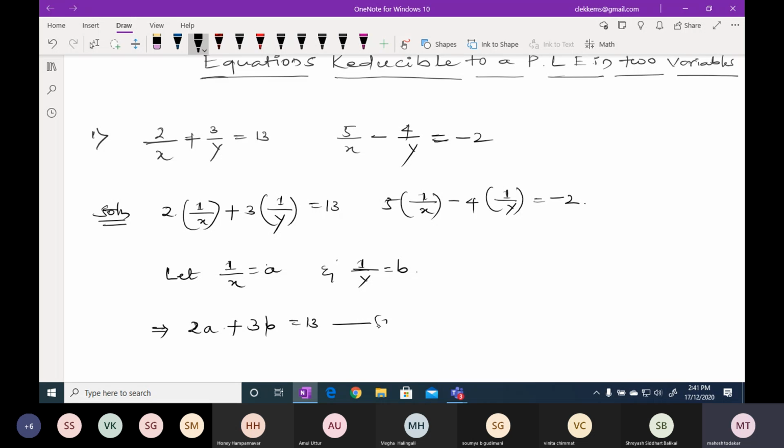This you can take as equation number 1. Now the second equation, similarly, 5a - 4b = -2. So this is your second equation.